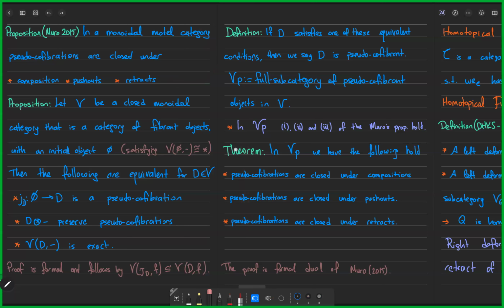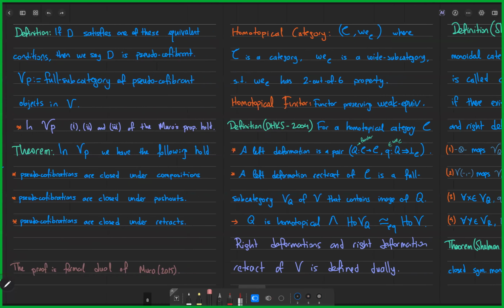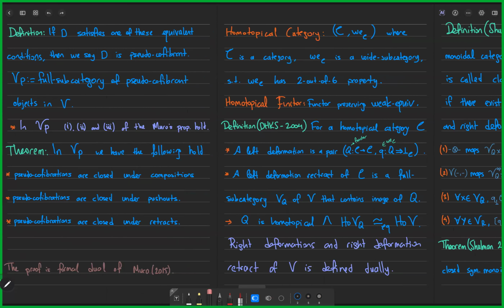Maybe I should just say proposition. And we will have an even weaker version. This is due to Dwyer, Hirschhorn, Kan, Smith's 2014 book, Homotopical Categories.